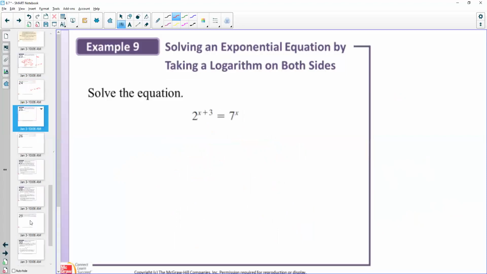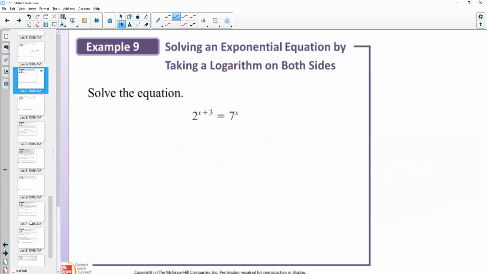All right, let's try a different one. This one has exponents on both sides. That is okay. I'm going to just start by taking a log or an ln. I'm going to use ln in this case because why not? ln of 2 to the x plus 3 equals ln of 7 to the x. I'm going to pull the exponents out to the front.